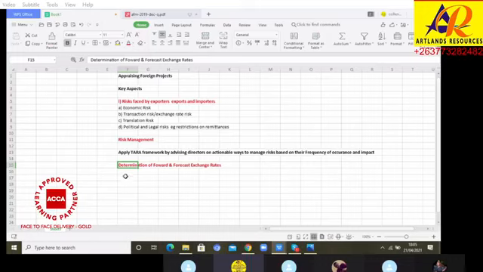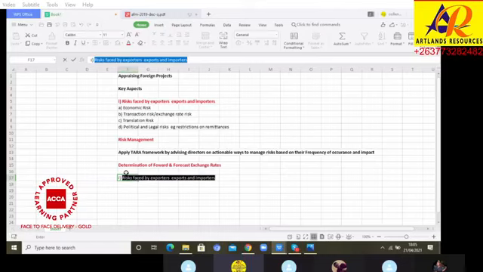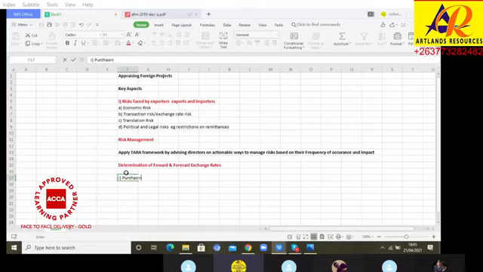There are 2 main approaches that we use when we are determining forward and forecast exchange rates. The first one is purchasing power parity. You still remember what purchasing power parity says? It's PPP.